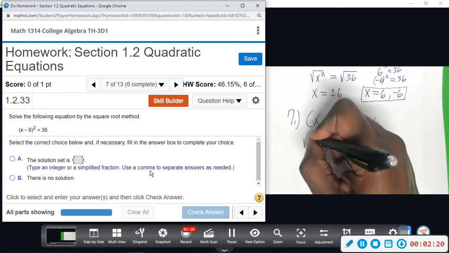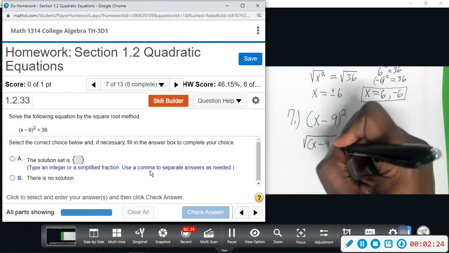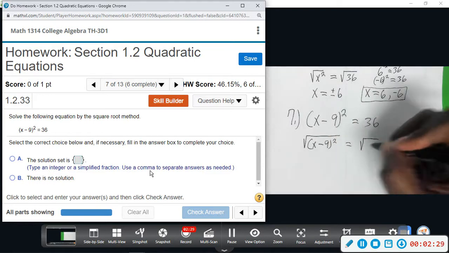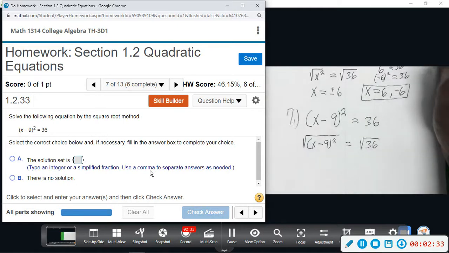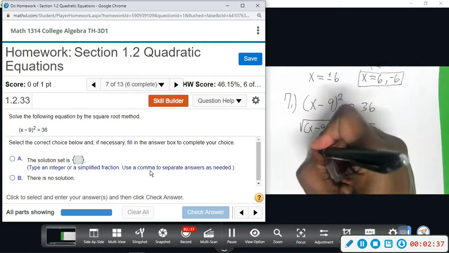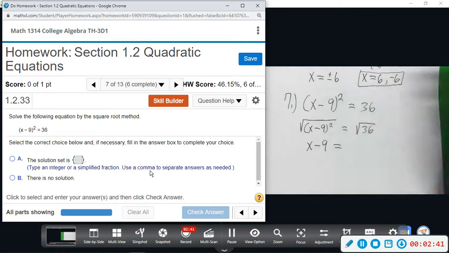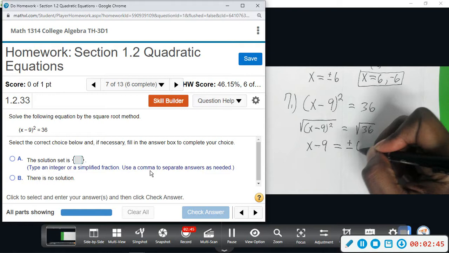We're going to do the square root of x minus 9 squared equals square root of 36. Alright, so when we evaluate, square root gets rid of the square. We have x minus 9, and that equals positive or negative 6.